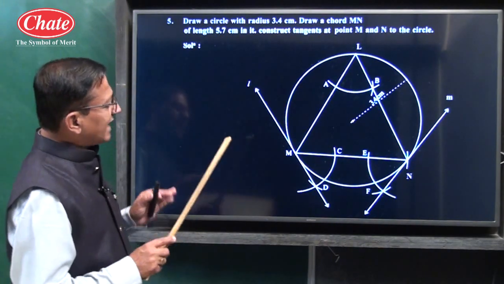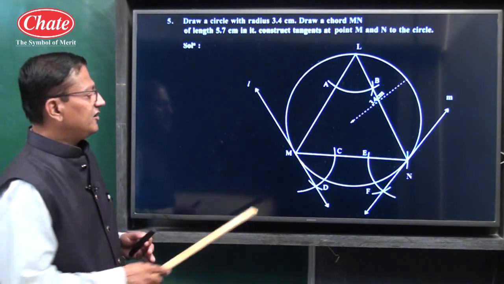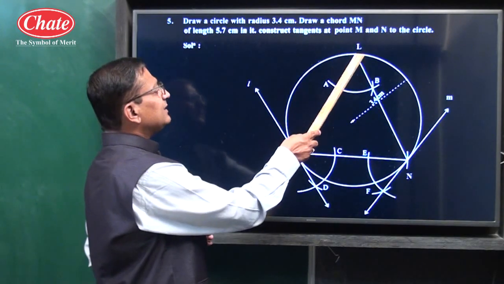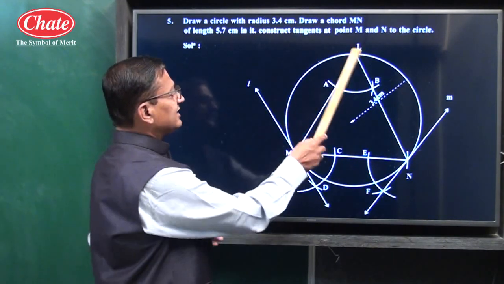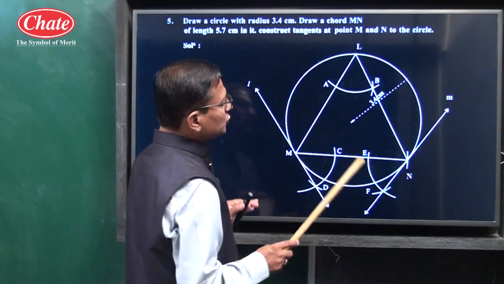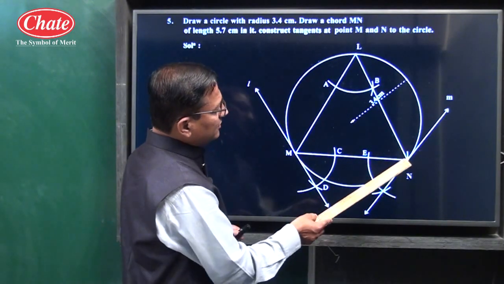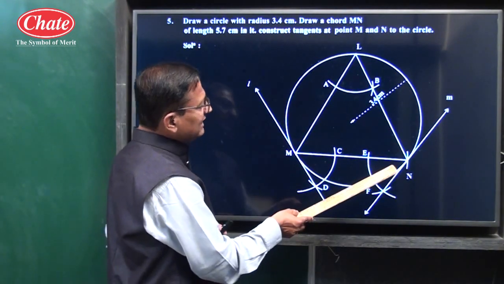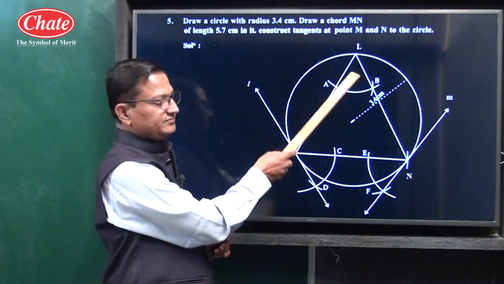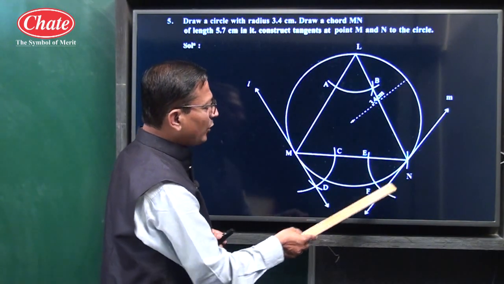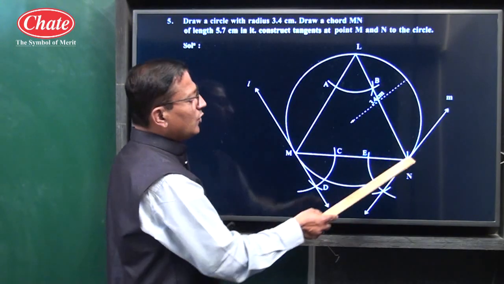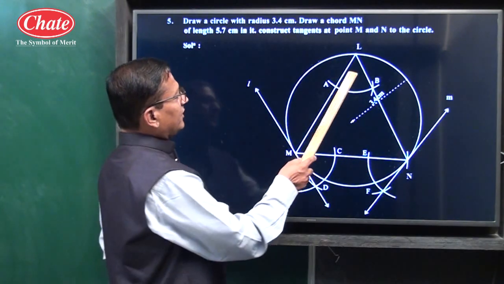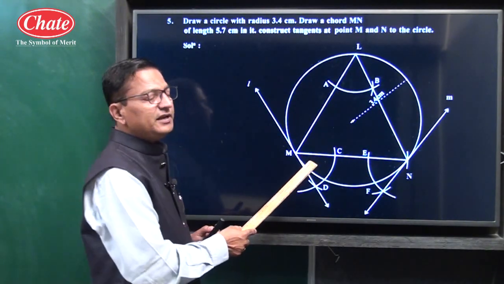For drawing a tangent, we have a triangle. Here 2 points are on the circle. Take any other point L on the circle and draw the tangent. If we want to draw a tangent from point N, we have to draw this angle congruent to this angle. By intersecting point and N, if we draw a line, it is tangent to the circle. Similarly, here this angle and this angle should be congruent.